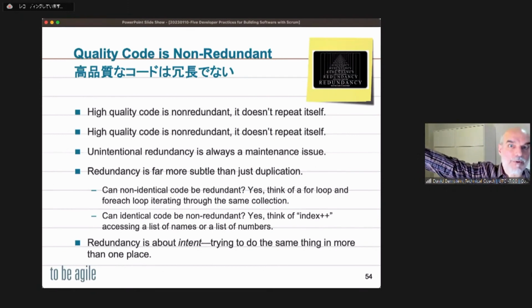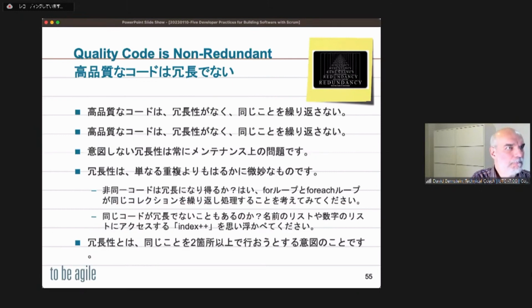If it's, for example, iterating through a list of names versus a list of numbers. So redundancy is not an issue of form, but rather of intent. If we're trying to do the same thing in multiple places, we consider it redundant.